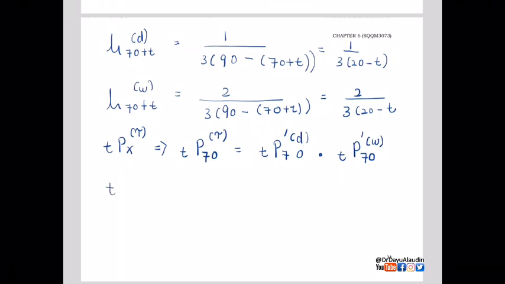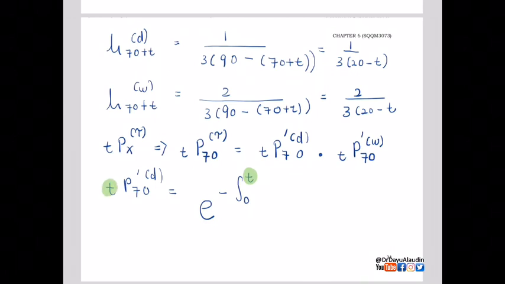So how to find this? We use exponential of the integral from 0 to t. Remember, I put it in green color last time. So mu 70 plus u, because this is for death, du.